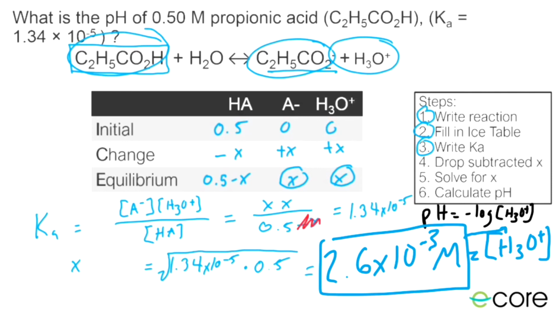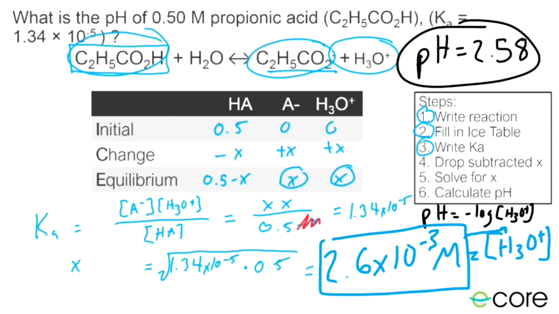When we do that, we should get a pH of 2.58. So this is just like our other equilibrium problems, except for we can drop the added or subtracted x because of the size of our equilibrium constant. And then at the end, we have to use either our H3O plus concentration in the case of acids, or our OH minus concentrations in the case of bases to go to pH.